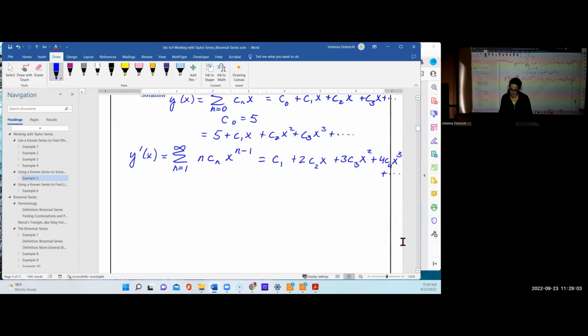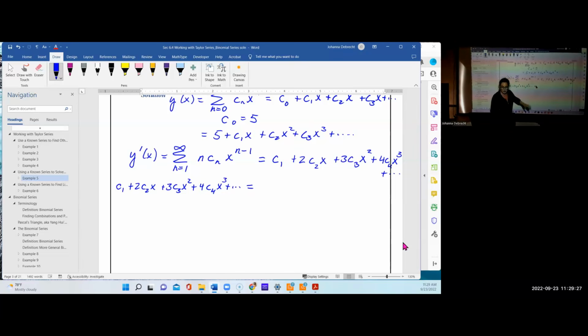So I'm going to write these out in their expanded form. So I have c1 plus 2c2x plus 3c3x squared plus 4c4x cubed plus dot dot dot equals, now I've got to take y, which is here, and multiply by 2.